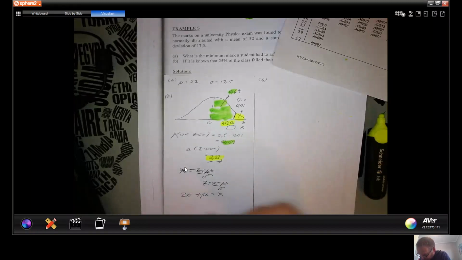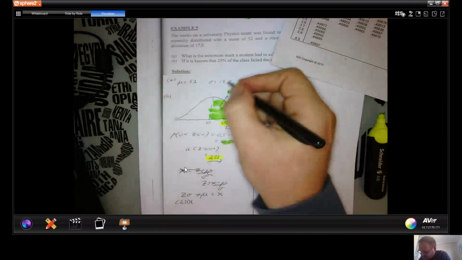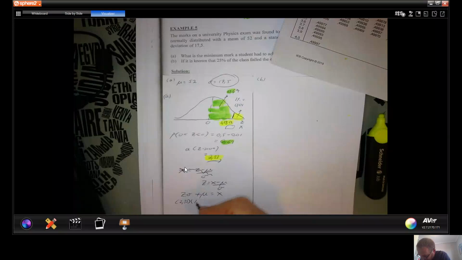My Z score is 2.33, so 2.33 times sigma, which is 17.5, plus mu, which is 52.